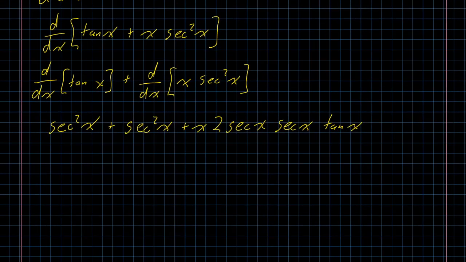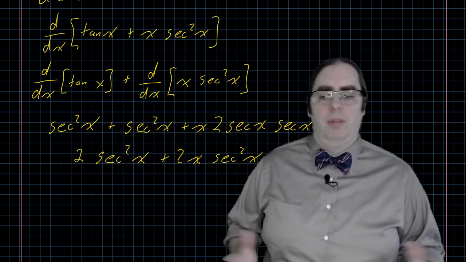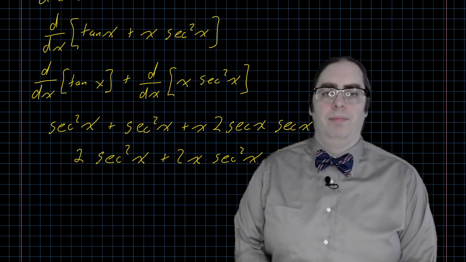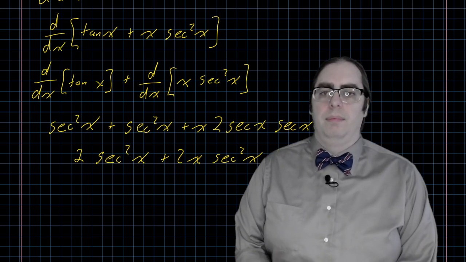Then do a little bit of algebra to clean this up. It looks like we have 2 secant squared x plus 2x secant squared x tangent x. Nice, simple, straightforward expression or something.